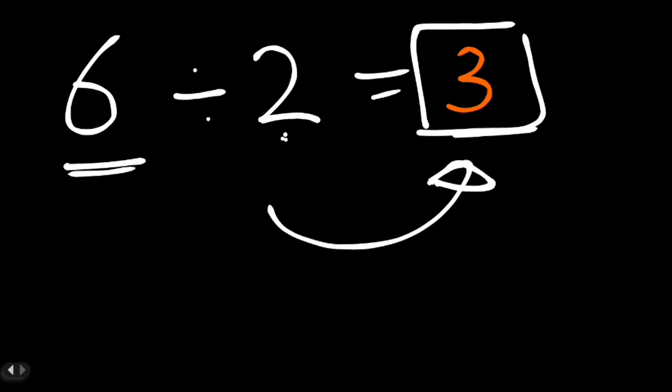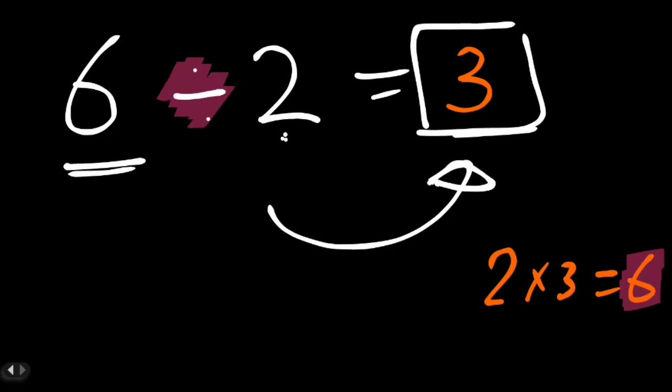I explained the factors and the multiples. What's important in the factors and multiples? In multiplication, the multiple was the last term. 2 times 3 equals 6, the multiple was the last one. But in division, the multiple will be the first one.